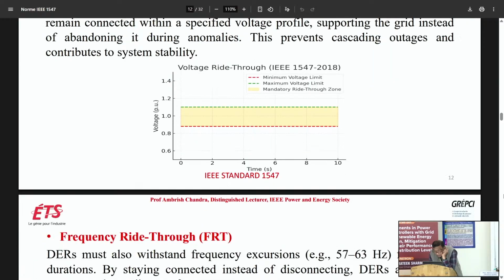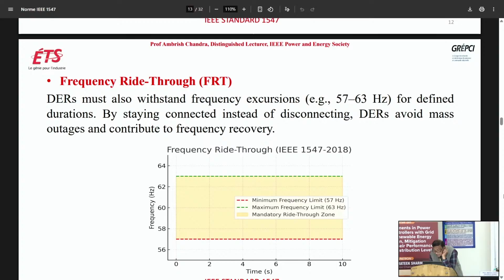And this is the minimum frequency limit of 57 Hertz. 57 Hertz here and 63 Hertz here. So in this mandatory right through zone, you cannot disconnect if the frequency varies within this range, and the DER should support the grid. While here, if they want, they can trip in this region.